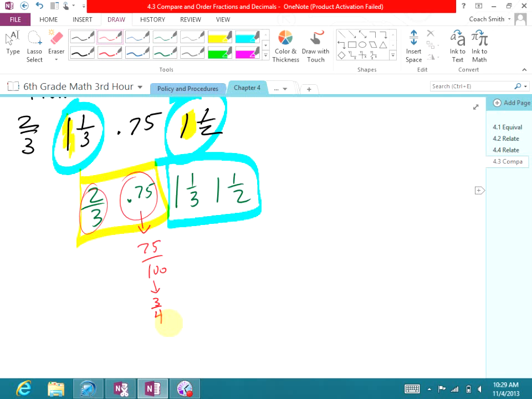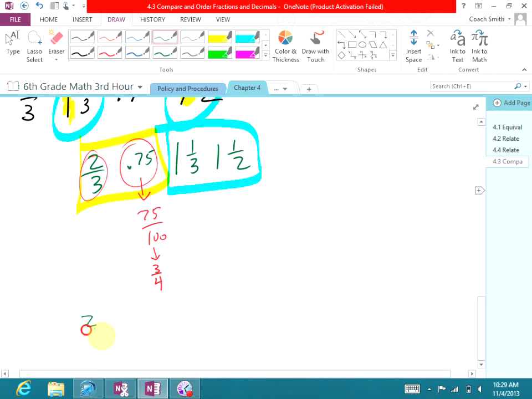Now, which is larger? 2/3 or 3/4? 3/4. 3/4 is larger. So my smallest number then is what? 2/3. My next is 0.75.